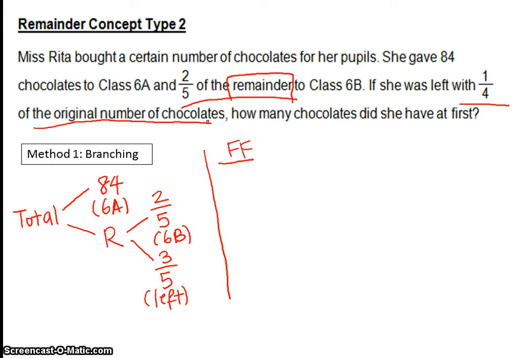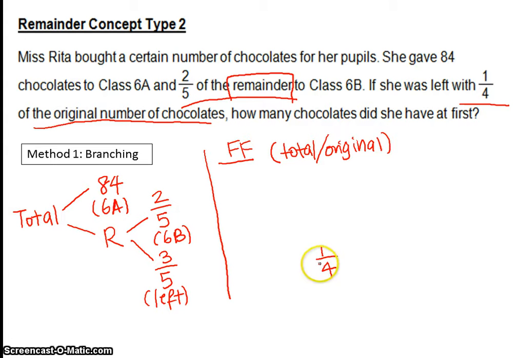Yes, the set for 1/4 is actually the total, or the original number of chocolates. Recall that for the final fraction, the set is actually the total or the original. So it does make sense that we write 1/4 over here.